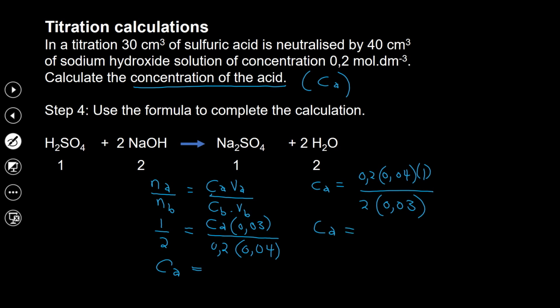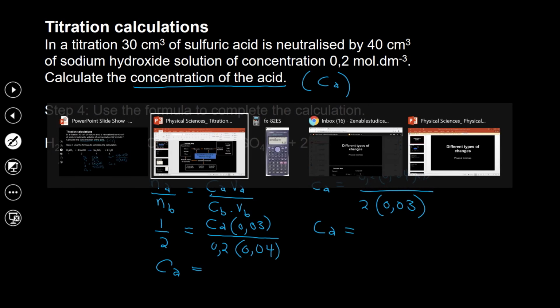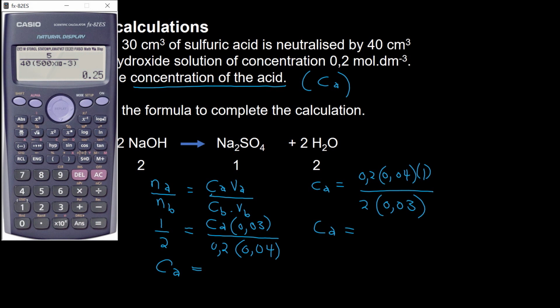To determine that, from the calculator, what do we have? We have 0.2 multiplied by 0.04, multiplied by 1. We can put it because the marks are given for substitution. Then at the denominator, we've got 2 multiplied by 0.03.